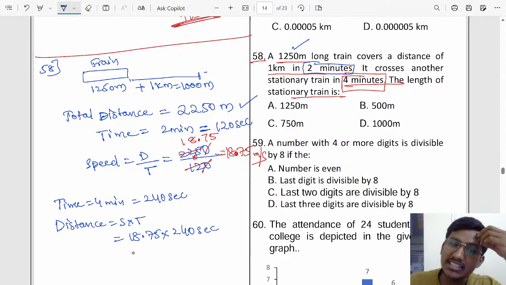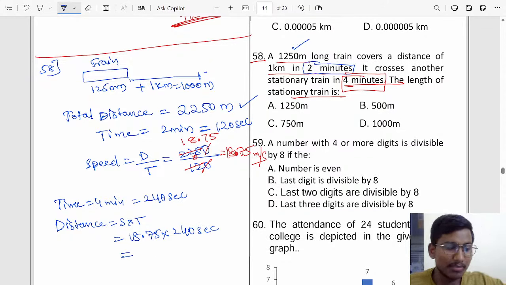So what will the total distance covered be? If you multiply, you will get the answer. 1 zero cancels, then multiply 18.75 into 240. So let me do it.